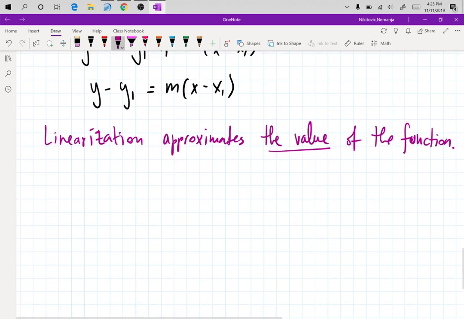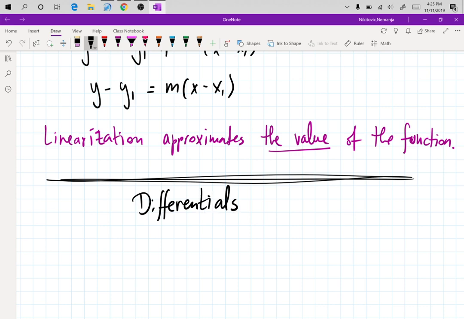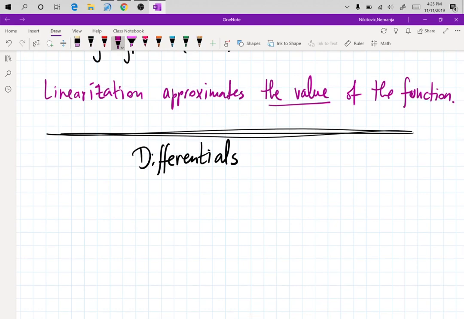So now we talk about the second part, and then we can go for a break. Differentials. We'll start with a purple statement.